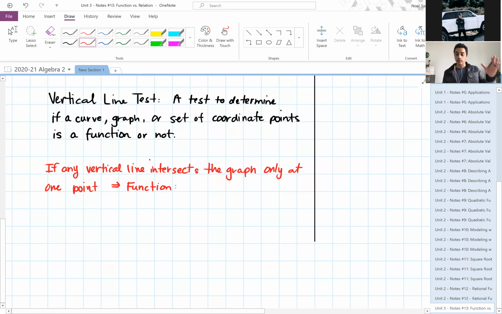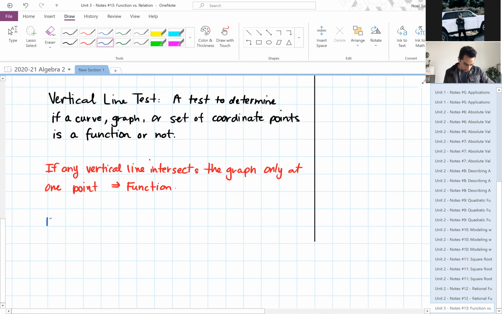So you draw a vertical line anywhere, and if it only hits the graph at one point, that's a function. But then there's the alternate of that, right?